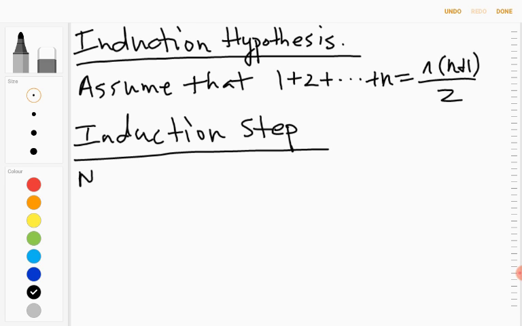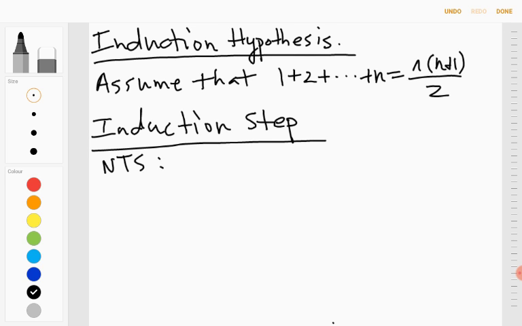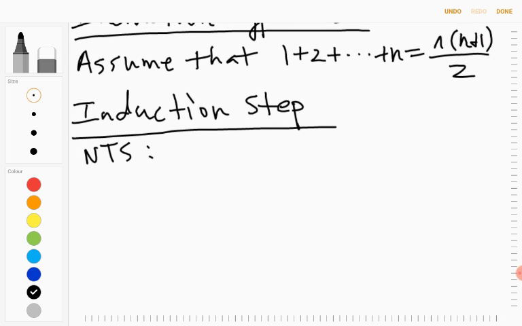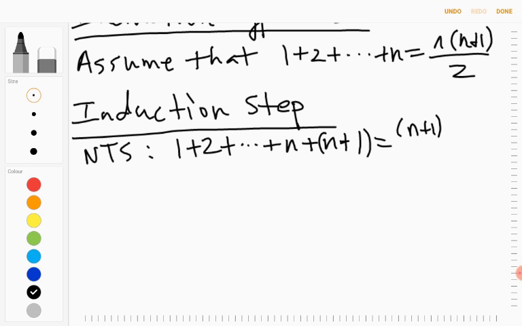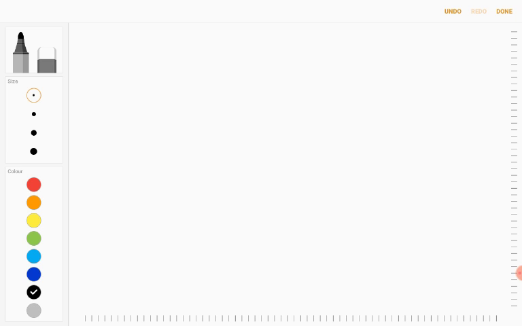So we need to show that 1 plus 2 plus dot dot dot plus n plus n plus 1 is equal to n plus 1 times n plus 2 over 2. That's what we need to show.